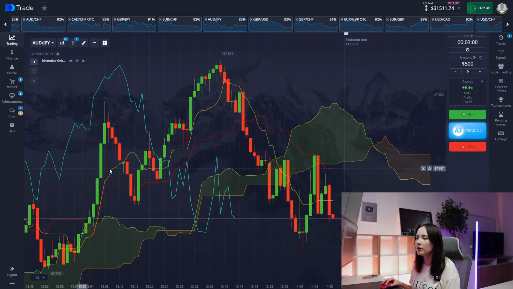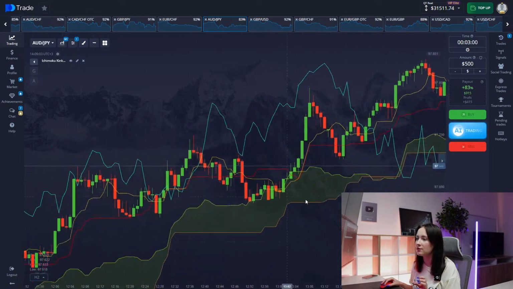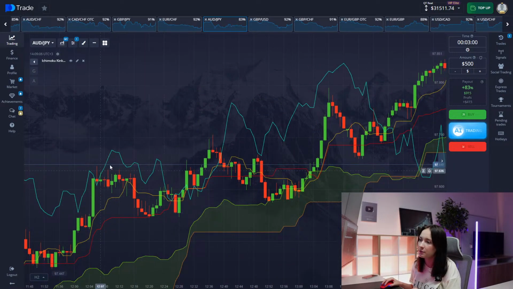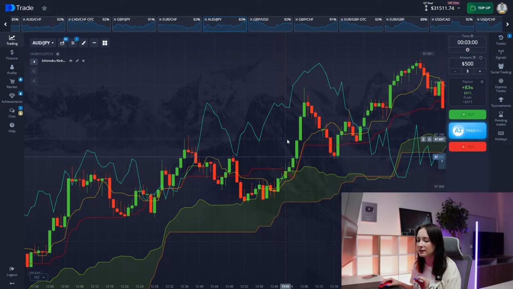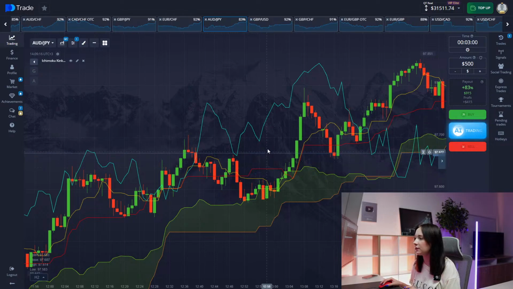Why are they important? Because they help to identify the right entry moments by noticing the crossovers, how the blue conversion line crosses the red line. Of course, this helps us identify the right moment to enter a trade. That's the information about these two lines.